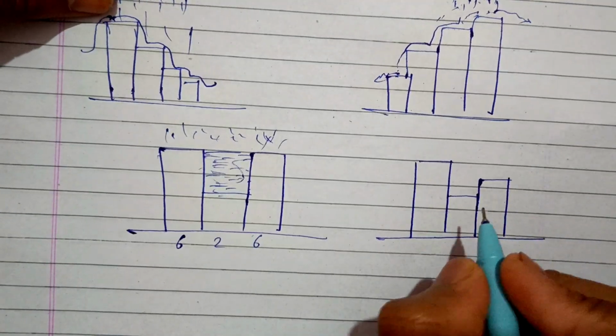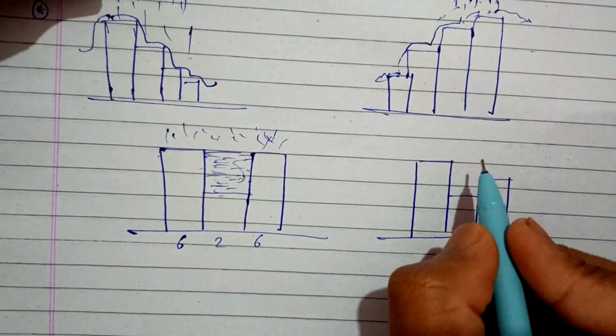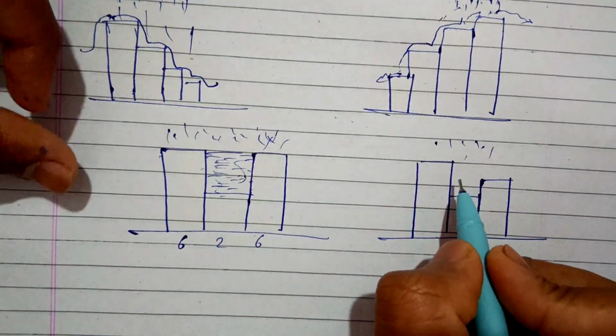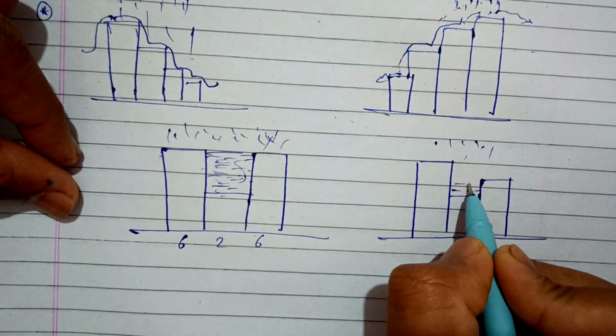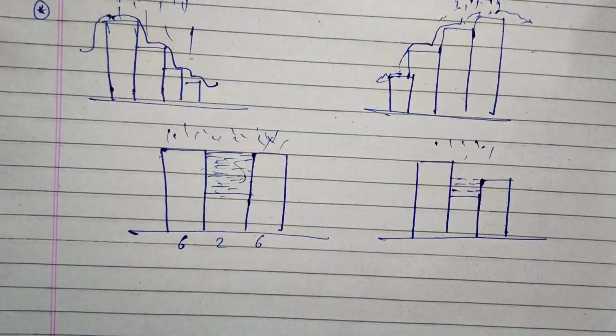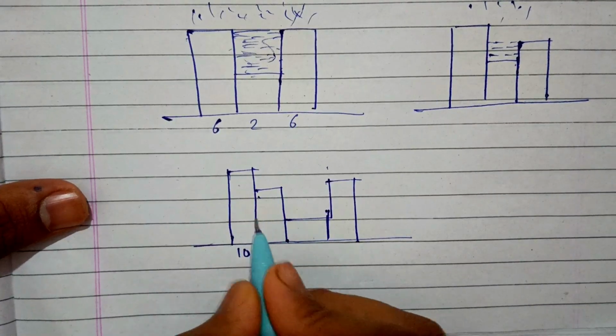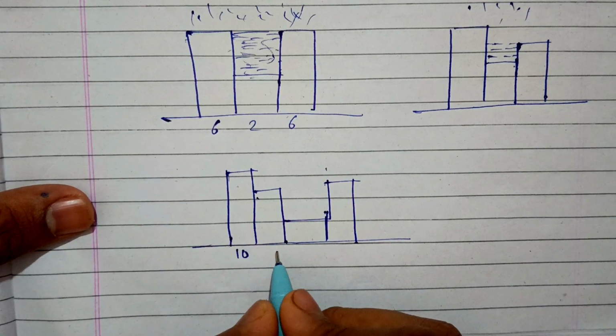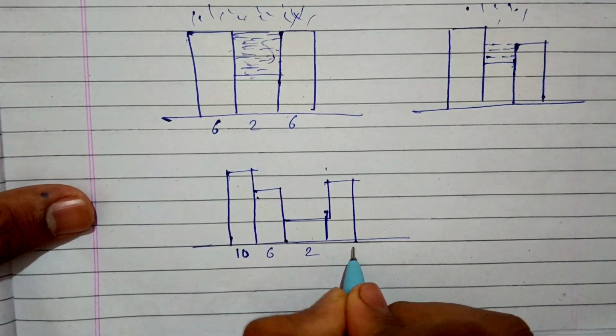One more example. If the water falls on this bar, then the water will be trapped until the lowest bar. The water will be trapped until it reaches the maximum of the lowest bar only. Take the bars with widths 10, 6, 2 and 8.